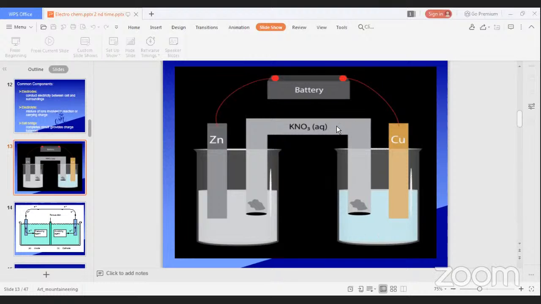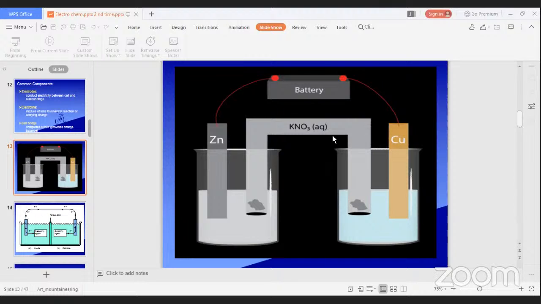And the third one here is the salt bridge. Potassium nitrate, KNO3, is used as a salt bridge. Why are we using the salt bridge? The salt bridge is used for electrical neutrality. The copper sulfate electrolytic solution is here and the zinc sulfate electrolytic solution is present here. Between these two solutions we use the salt bridge for electrical neutrality.